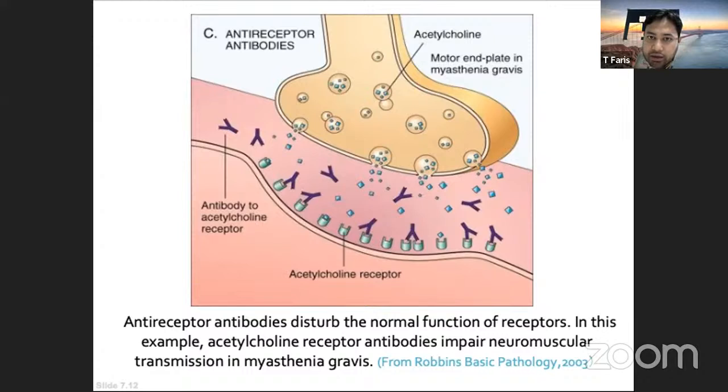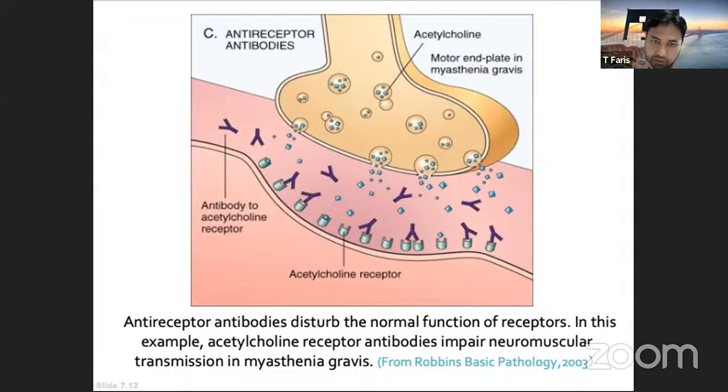They are providing the signaling molecules to be passed on to the next target cells. But in this case, you can see the anti-receptor antibodies disturb the normal functions of the receptors.